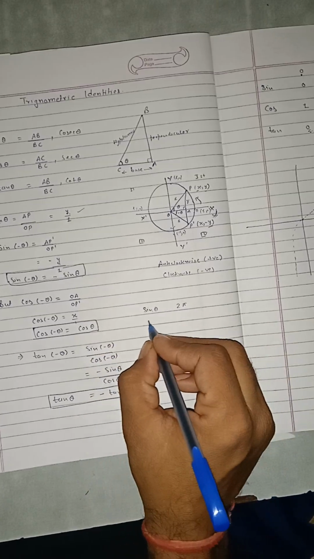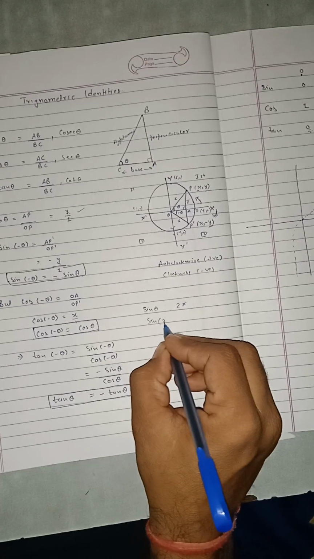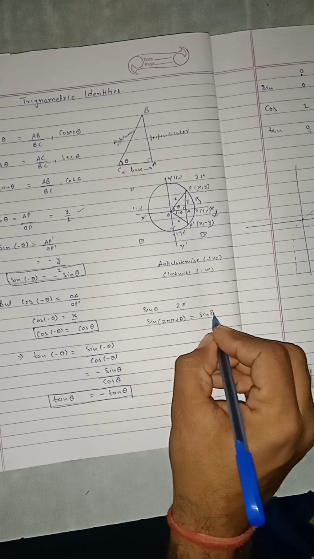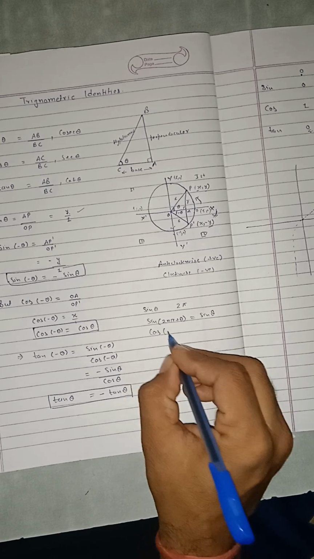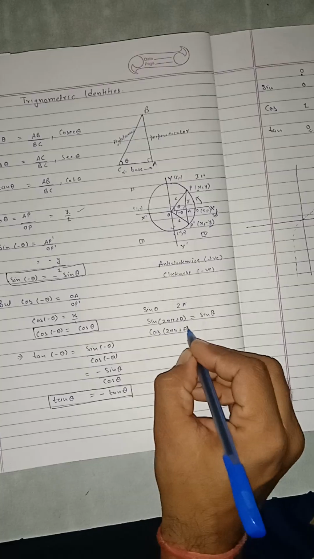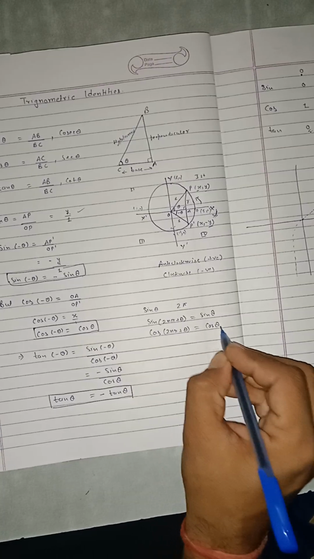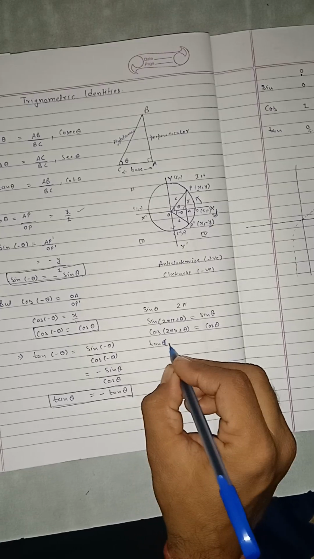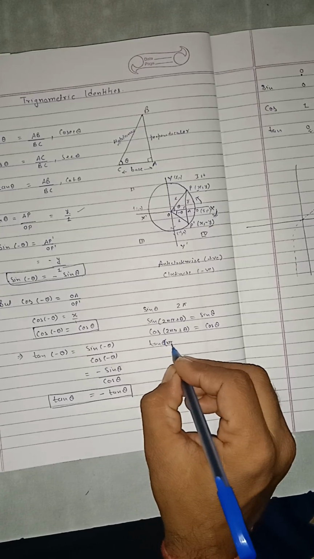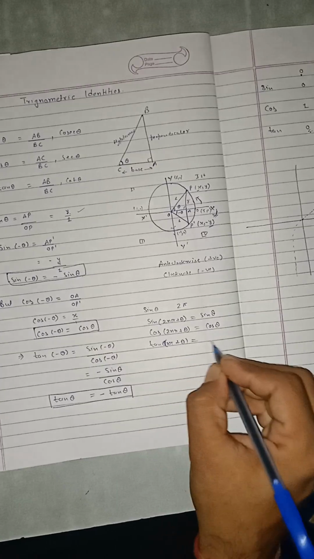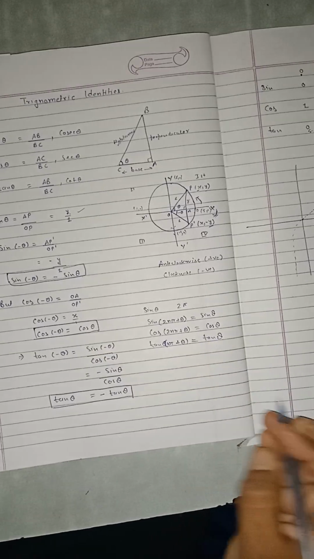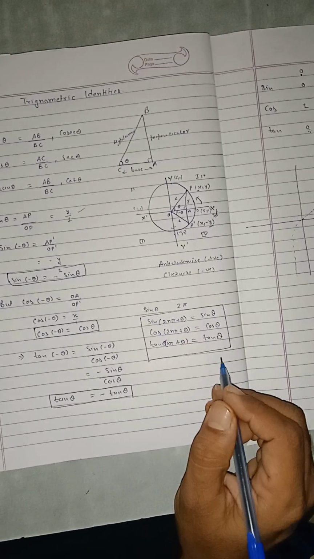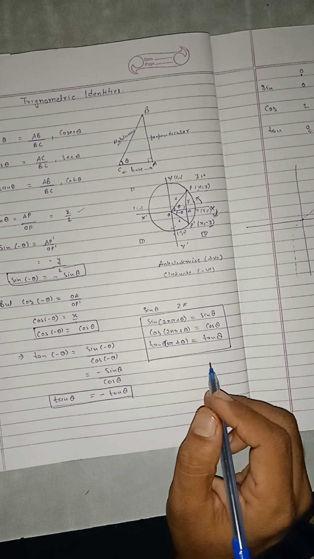So we say that sin (2n pi plus theta) is equal to sin theta, and cos (2n pi plus theta) is cos theta. But what about tan? Tan theta is periodic with an interval of pi. Tan (n pi plus theta) equals tan theta. These are important values to be kept in mind while solving questions on trigonometrical identities.